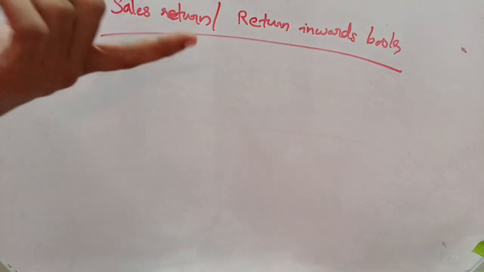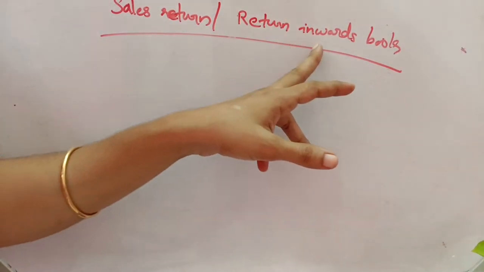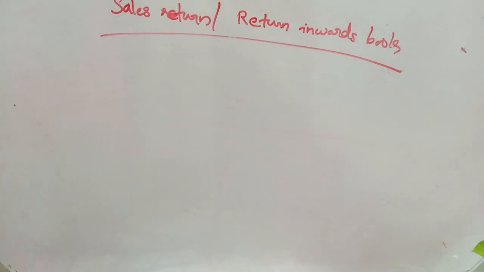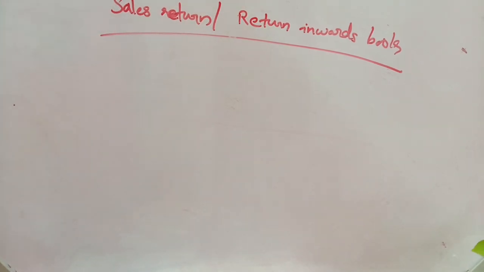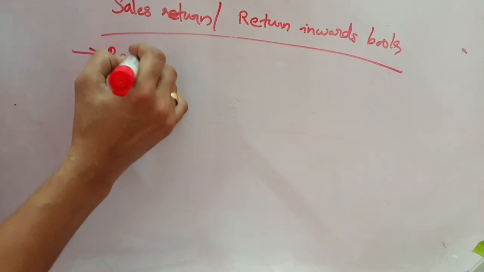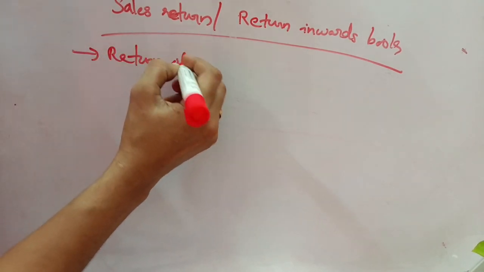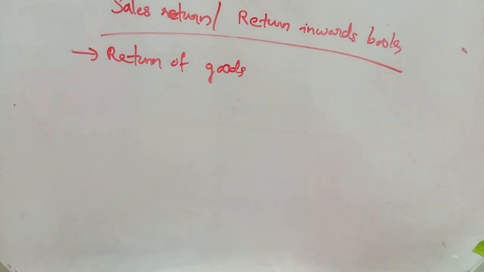Then next it is the sales return or return inwards book. Another of the subsidiary books is the sales return or return inwards book. We already discussed what a purchase return or return outwards book is. In the same way, the sales return or return inwards book is a journal used to record the return of goods by customers that had been sold on credit.